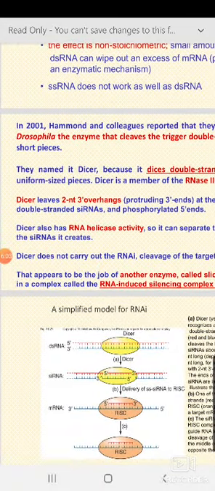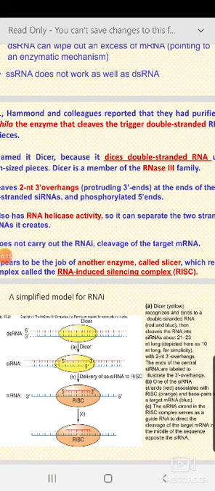I told you also that 23-25 nucleotide small species are generated from double-stranded RNA. Dicer is a member of the RNase 3 family.